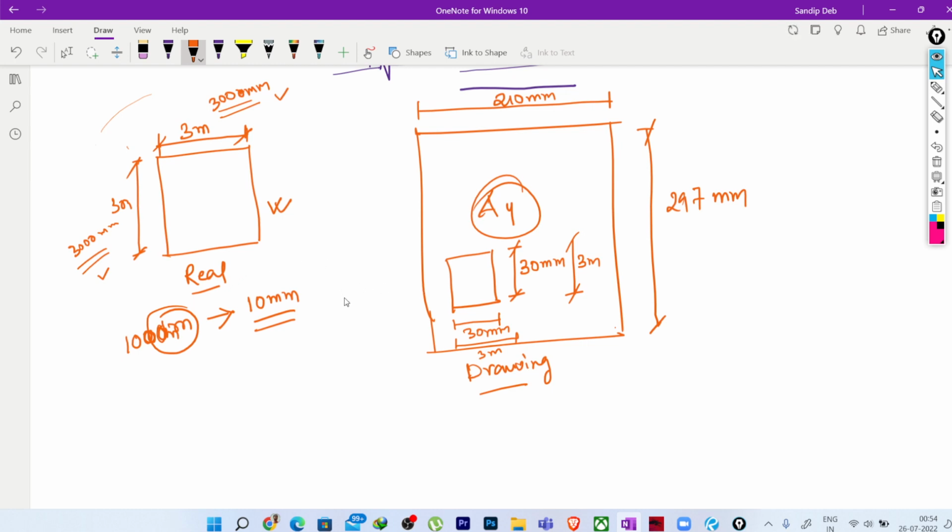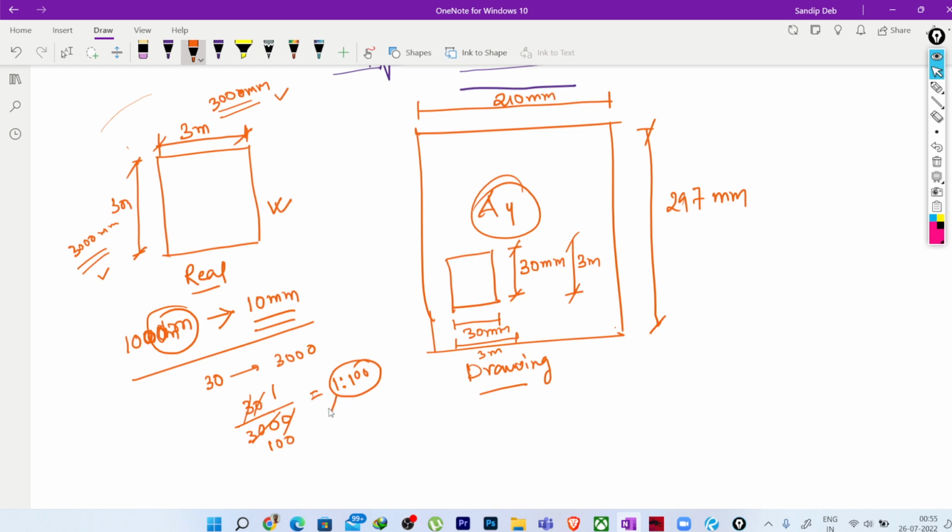What is the scale factor that we have used? 30 mm in paper is actually 3000 mm in the real case, so 30 by 3000 gives 1 by 100. So the scale factor is 1 is to 100.